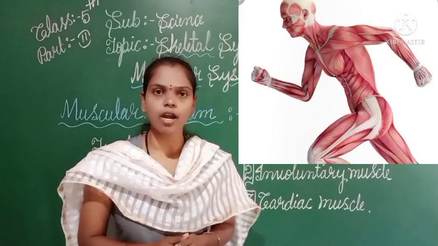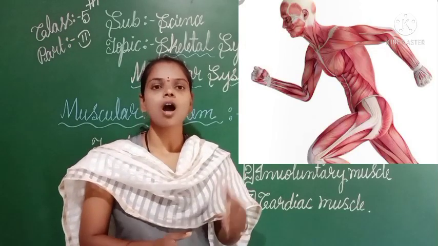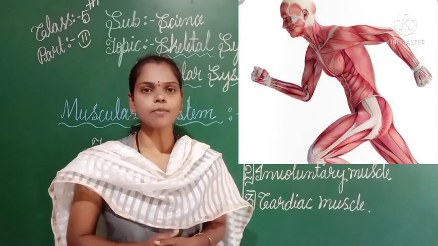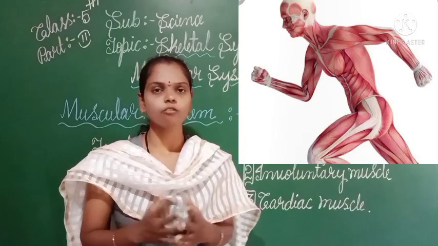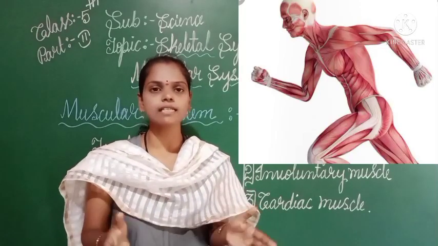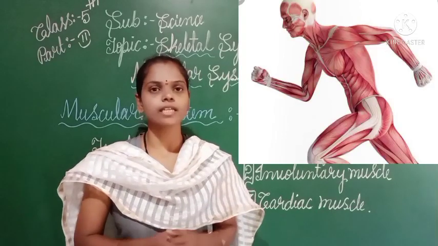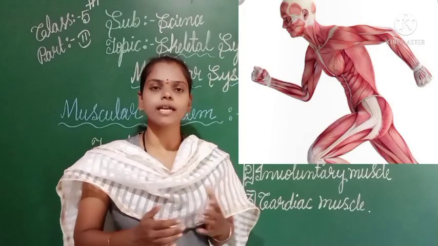These muscles are attached to the skeletal system, so they are also known as skeletal muscles. For example, arms, legs and face regions are muscles which work on their own. They know when to work, and if there is no need to work, they can stop.